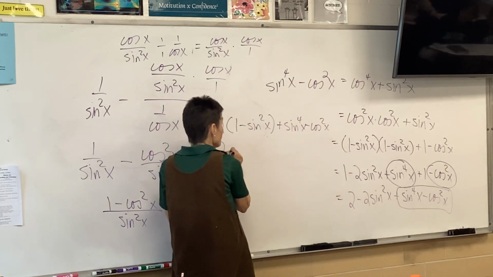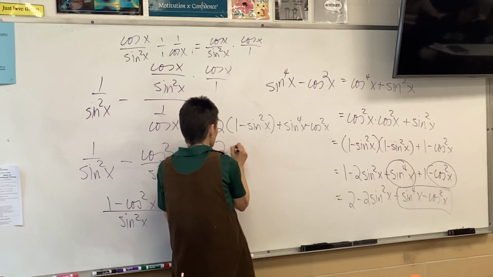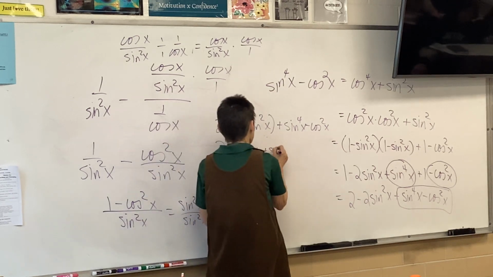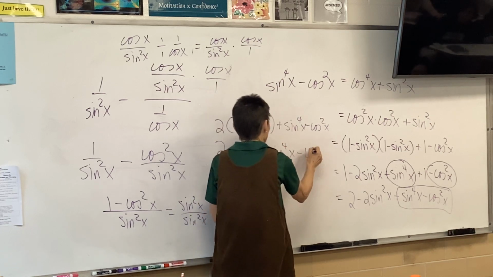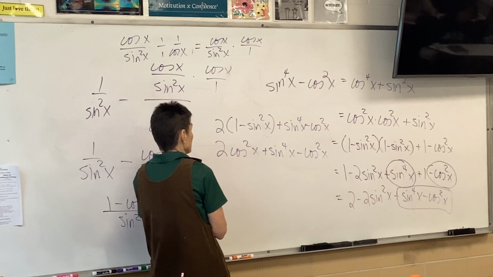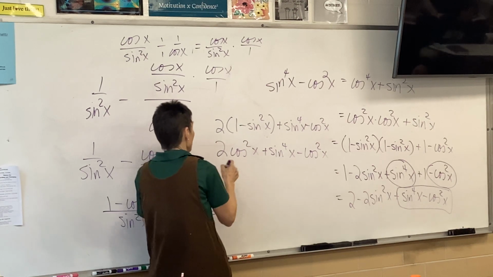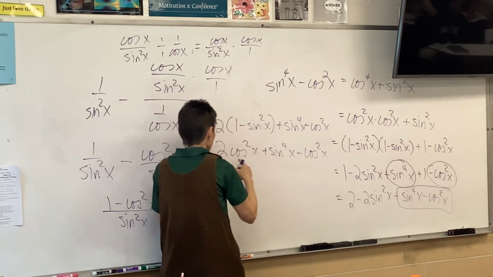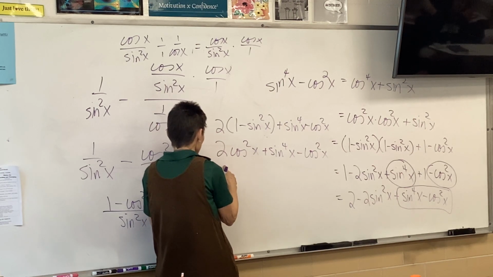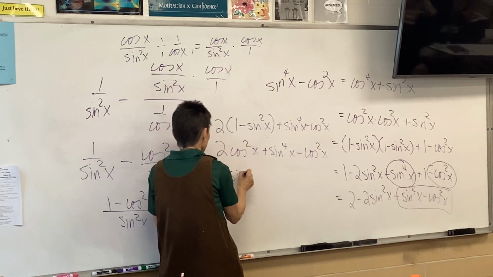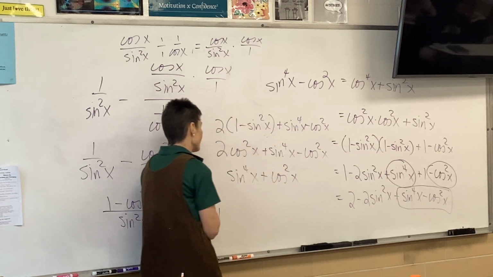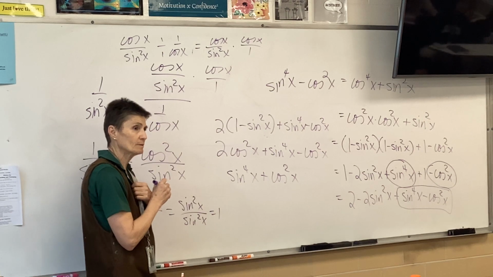So that's 2 cosine squared, would you agree with that? Plus sine to the 4th minus cosine squared. Well, these add together, don't they? And that's gonna leave me though with sine to the 4th plus cosine squared. Is that what I'm left with?